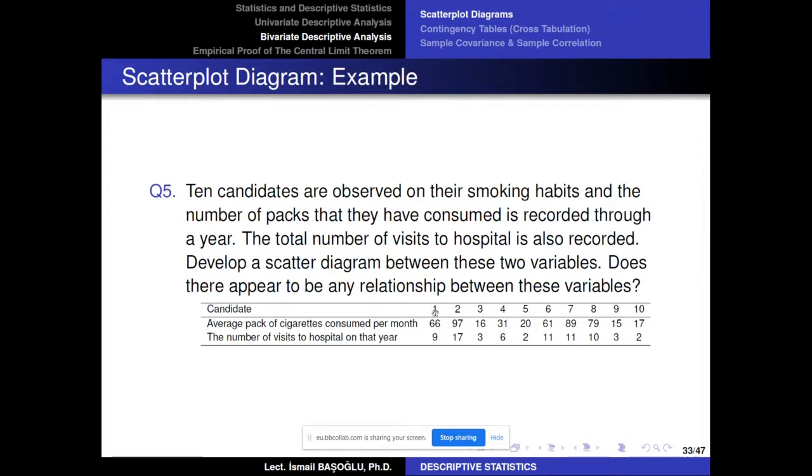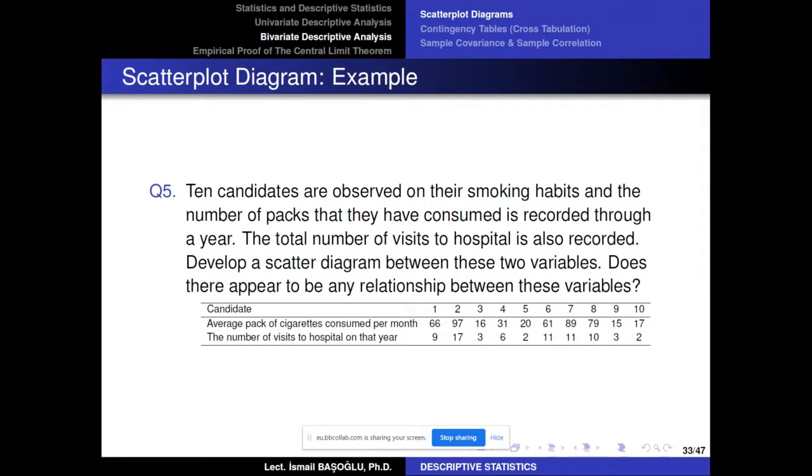The first member of the sample has consumed 66 packages of cigarettes per month in the year. So this is the monthly average of the cigarette consumption in packages. The second member has consumed 97 packages. The third member consumed 16 packages, and so on and so forth.